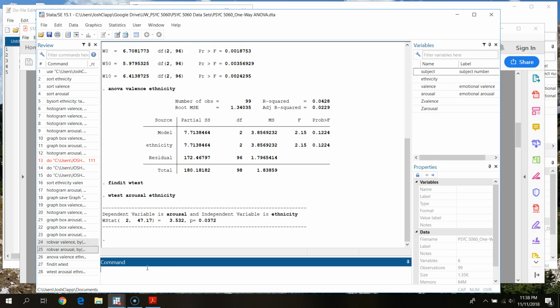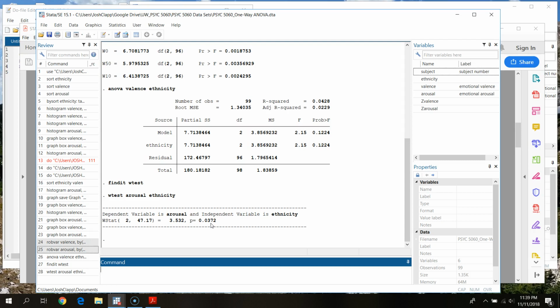Arousal and ethnicity. If we run that, we see that we get just a small little output for our robust ANOVA, our Welch test here. Here we have our test statistic, our degrees of freedom, our numerator and our denominator degrees of freedom, and we find that we do have a statistically significant effect here.